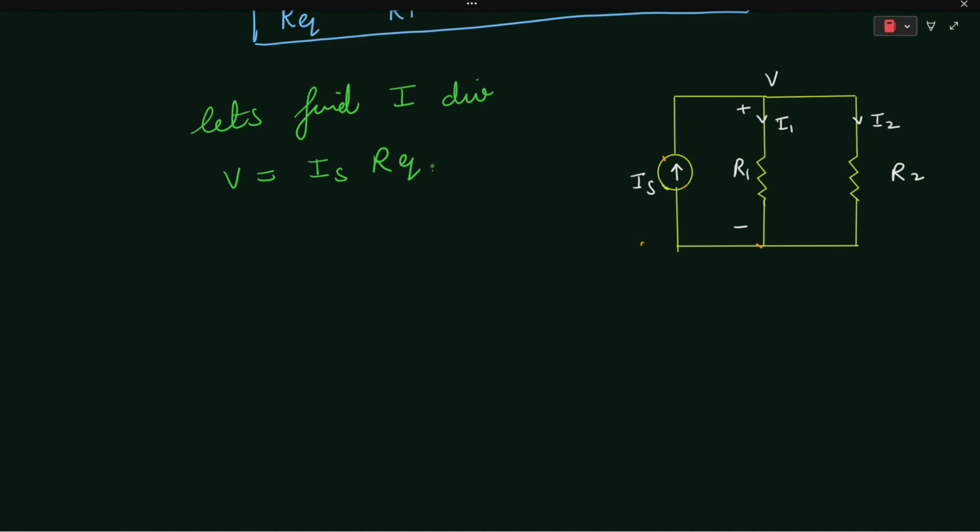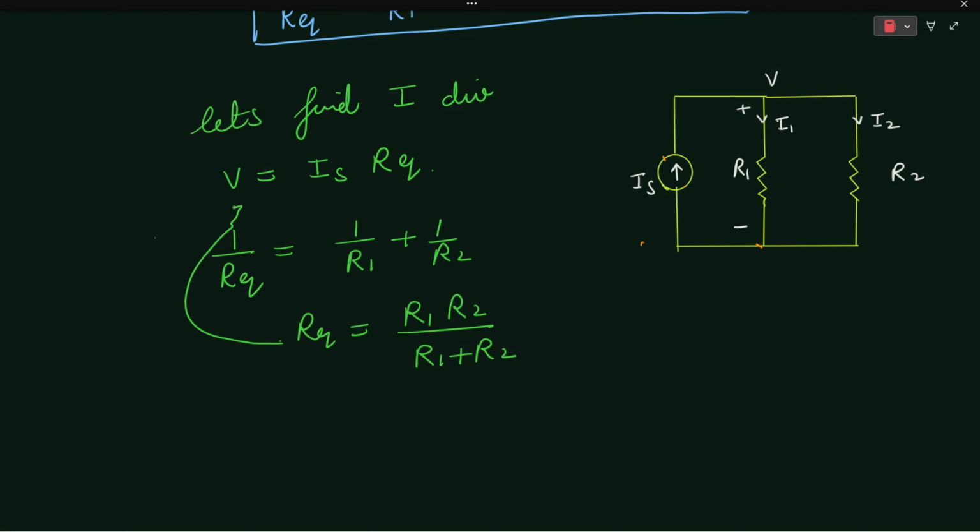We know that 1 by R equivalent is equal to 1 by R1 plus 1 by R2, so R equivalent will be equal to R1 R2 upon R1 plus R2. Substituting the value of R equivalent in this equation, V will be equal to Is into R1 R2 over R1 plus R2.